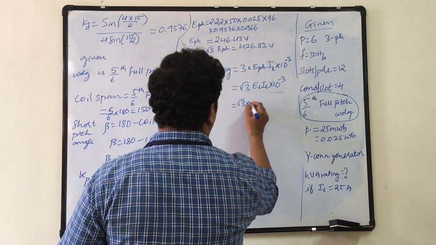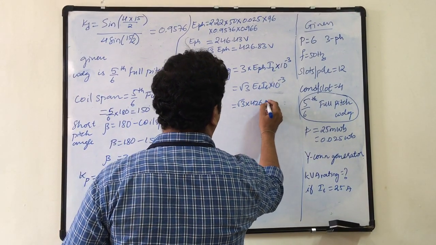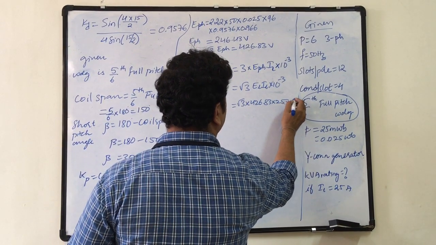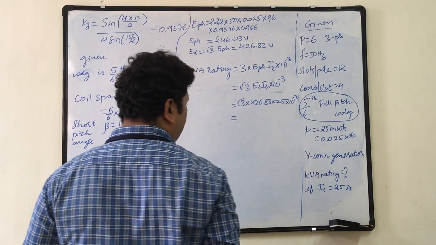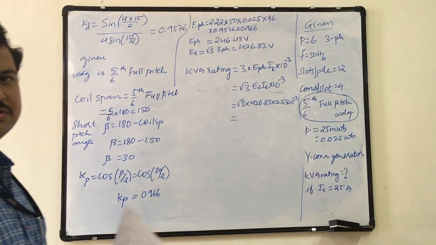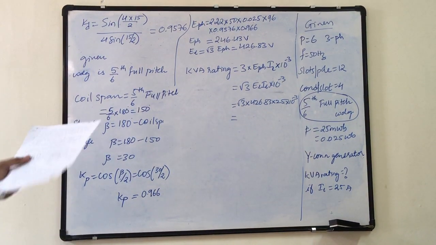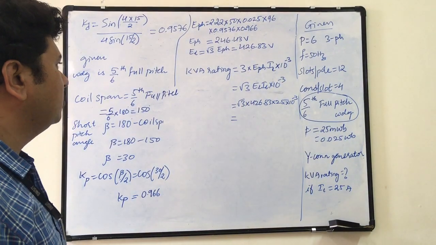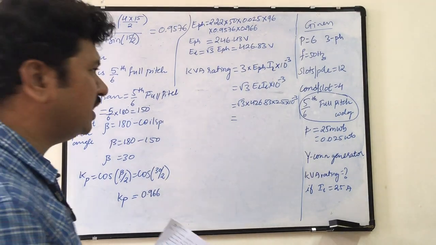So root 3 into 426.83 into 25 into 10 to the power minus 3. It is in kVA, kilovolt amperes. Already it is in kilovolts, so I am multiplying it by 10 to the power minus 3. If it was asked in volt amperes, I would have simply taken root 3 EL IL or 3 EPH IPH.